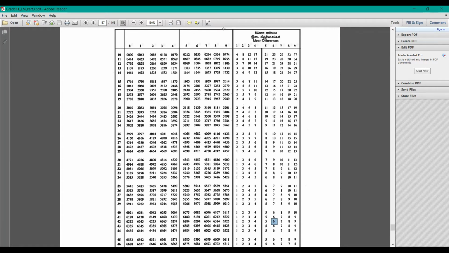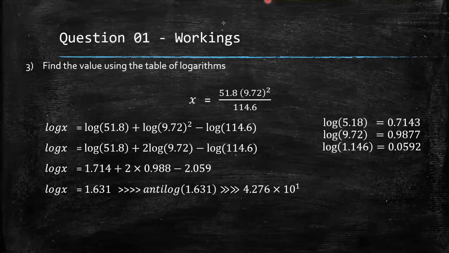And let's move back to our presentation. So you get the value here. Log x is equal to 1.631. So the antilog of 631 is 4.276. Now you have 1 here. Now this is without any decimals.